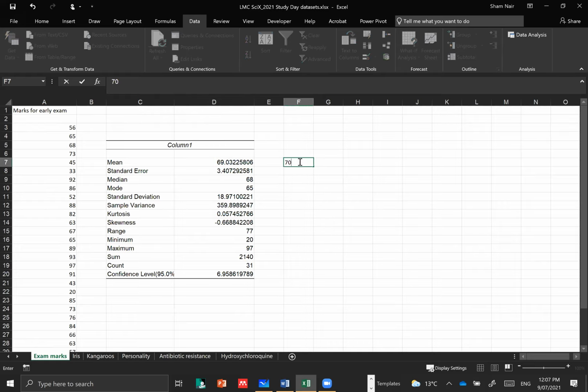Okay, 70 plus, I can't insert symbols here, but basically it's a plus minus, and the standard deviation, let's just round it off for argument's sake to 19. So what it's telling us is that for one standard deviation, it'll be from 70 plus 19 and 70 minus 19. So that's the range for one standard deviation.